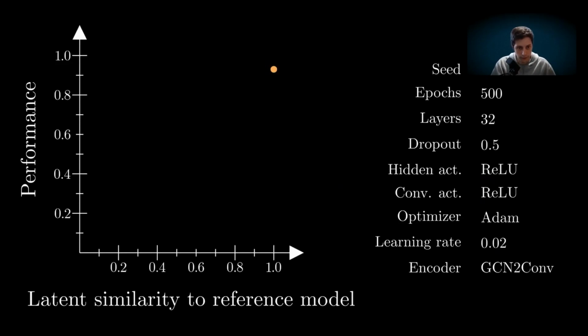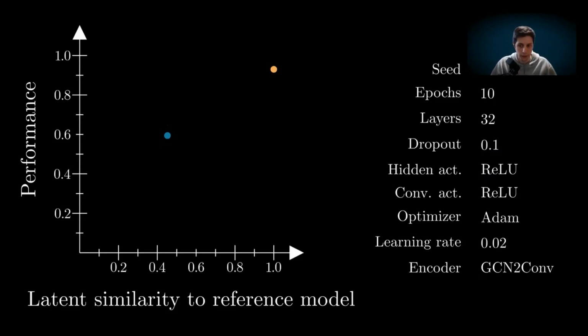Of course, the reference model is very similar to itself, so the similarity is 1. So this is on the upper right part of the plot. On the right, you can see the hyperparameters we used to train that model. So there are some, for example, the seed, the epochs, the optimizer, even some architectural ones, like the type of graph encoder, the graph convolution, and so on.